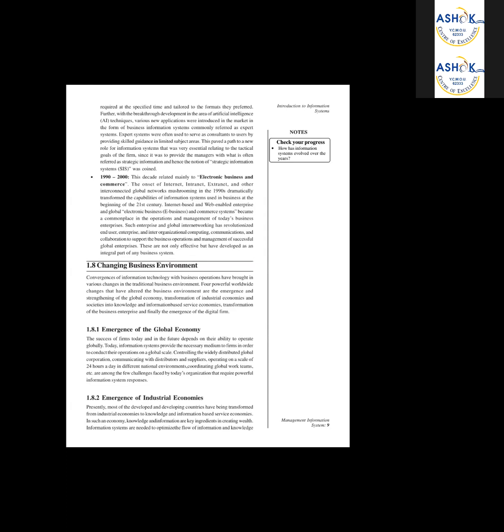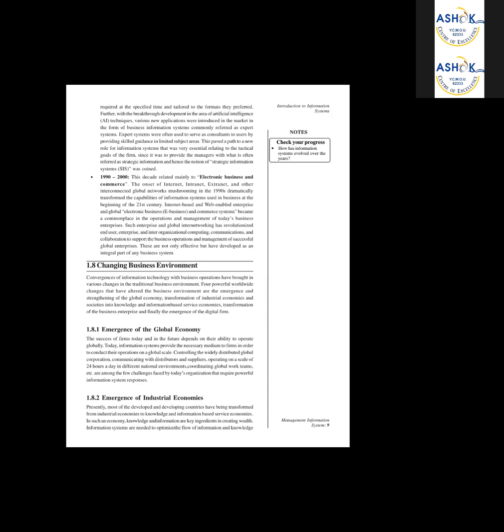Further, with the development in the area of artificial intelligence techniques, various new applications were introduced in the market in the form of business information systems, commonly referred to as expert systems. These were often used to serve as counselors to users by providing skills and guidance in a limited subject area.